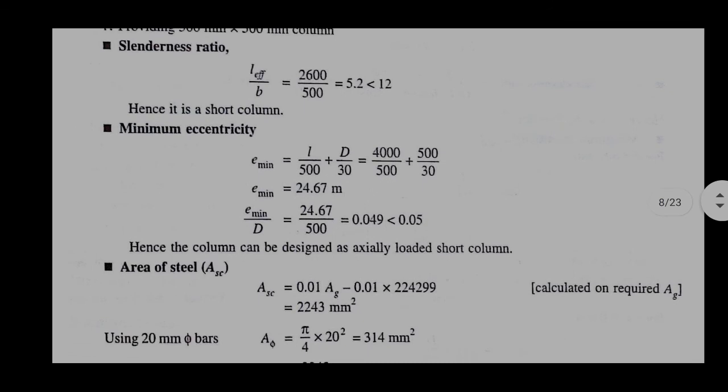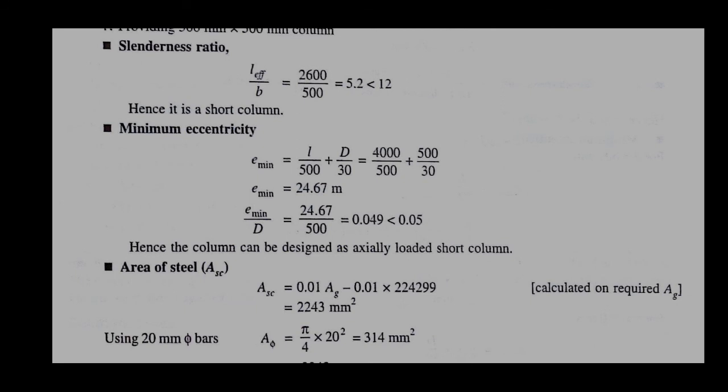Now, area of steel ASC is 0.01 into AG, that is equals to, this is not minus, this is a printing mistake, this is actually equals to. So, ASC is 0.01 into AG, we take the value of AG not as per provided area, but as per calculated, which is actually required as per requirement.